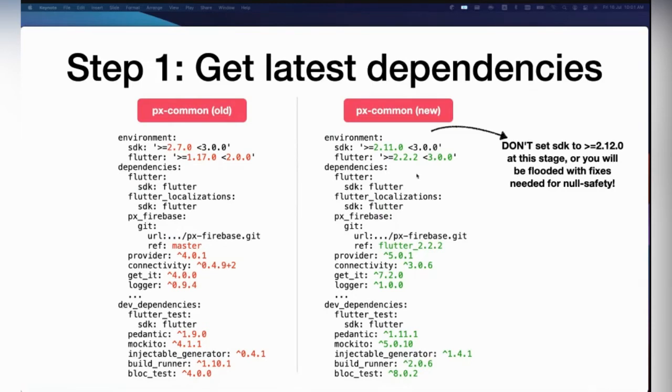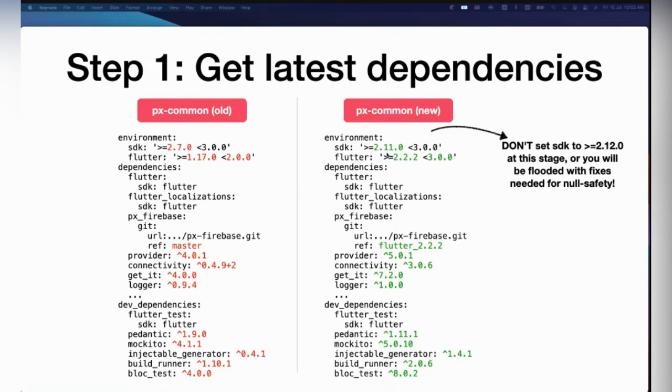One other thing to take note of is, if your pubspec has a Flutter node in the environment, feel free to upgrade it to 2.2.2, given that this is now the Flutter version we intend to use. But for the SDK, theoretically, Flutter 2.2.2 is using Dart SDK version 2.12.